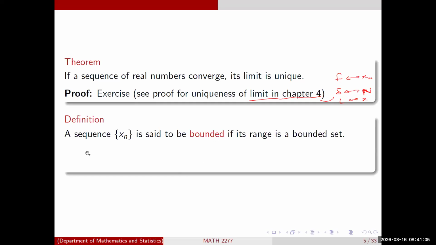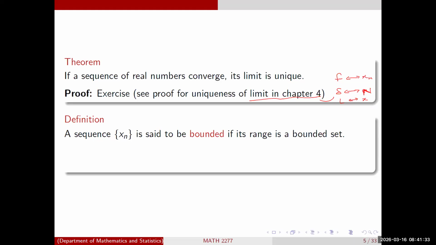Now what is a bounded sequence? So one of the sequences that I drew, no, two of them were these things called bounded sequences. So a sequence xn is said to be bounded if its range is a bounded set. Now, what is the range of a sequence? The range of a sequence is just a list of all possible values it could take.